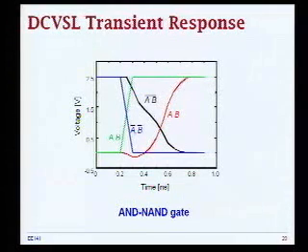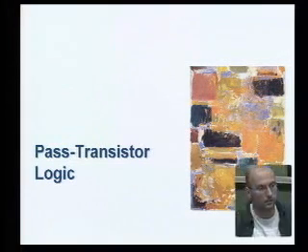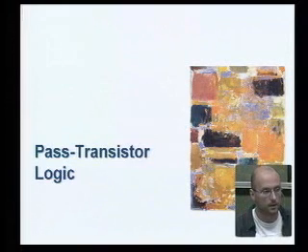All right. Good. Oh, before we go to pass transistor logic, I forgot to, yes. How do you get the A and A bar together at the same time? The inputs. That's an excellent question. Thank you. So the question is, how do you get A and A bar going in opposite directions at the same time?